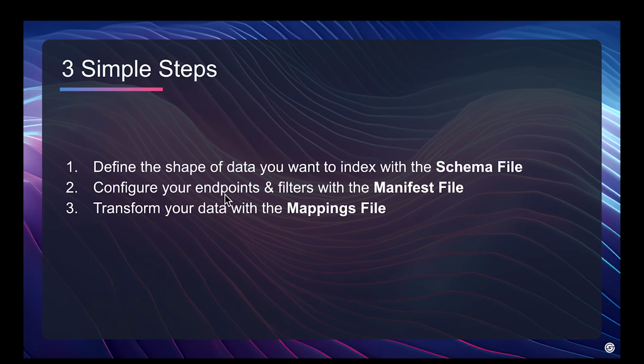Because once we know what data we want, we need to know where to get it from. And then step number 3, we want to transform our data with the mappings file. And this is where a lot of the coding happens. We can transform, we can aggregate, do all sorts of things within the actual data itself to get it to a state to drive our, say, mobile app, for instance.